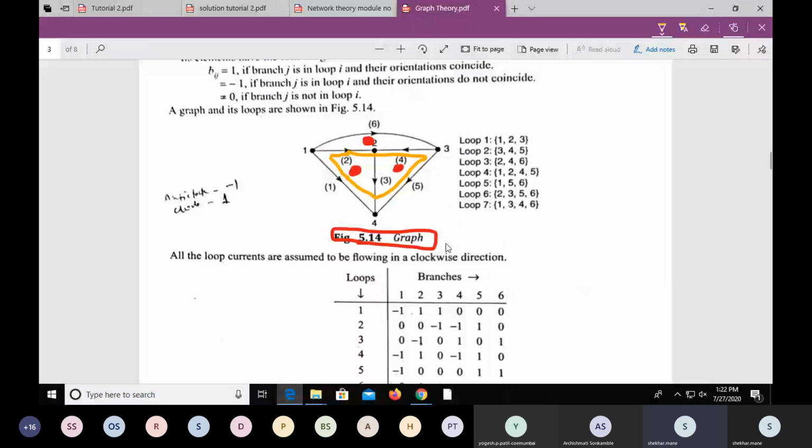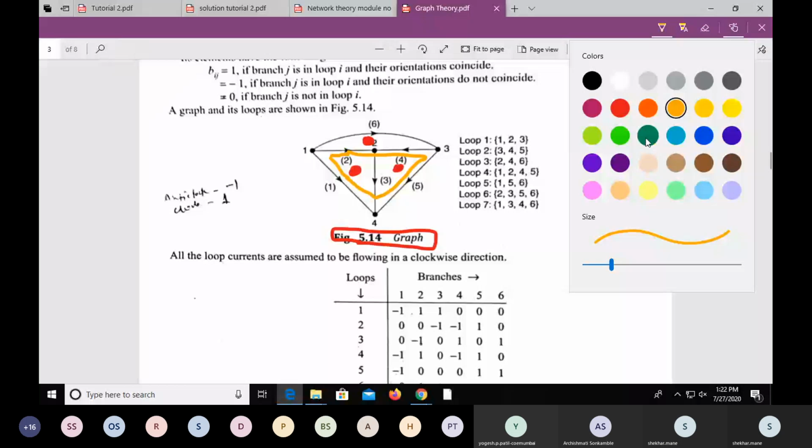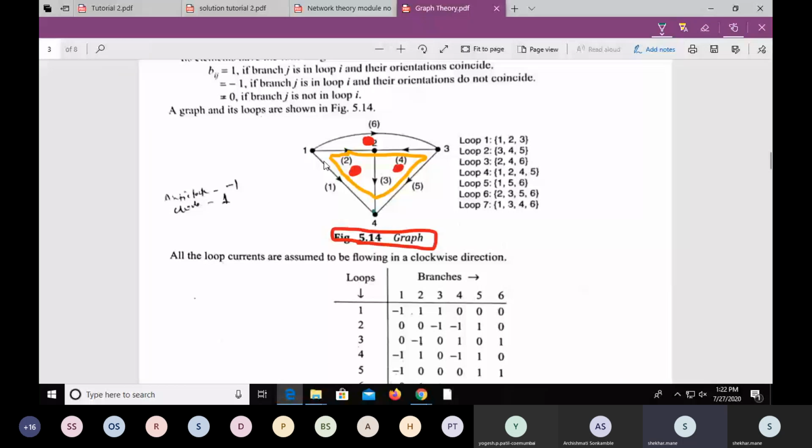Then loop 5 consists of 1, 5 and 6. This is one loop.